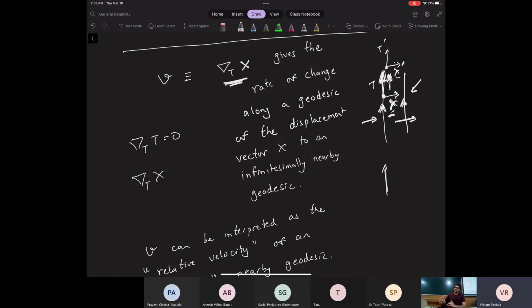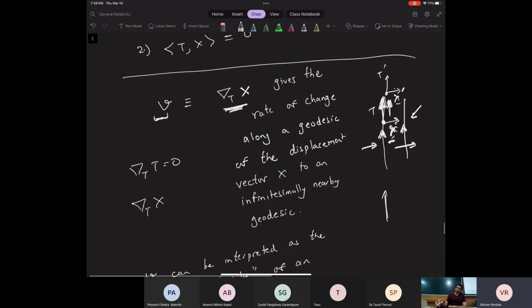If it has changed, then we say that there is some velocity. If it has not changed, we say that there is no velocity. So we define this quantity v, and this v gives the rate of change along a geodesic of this displacement vector x to an infinitesimally nearby geodesic.